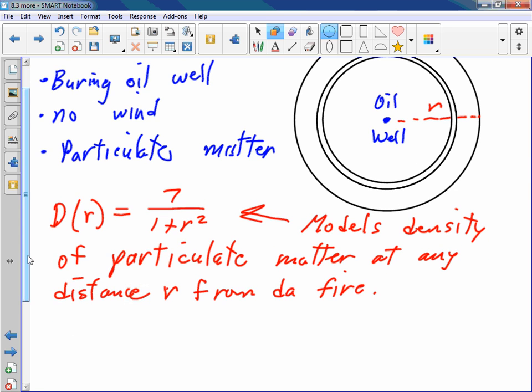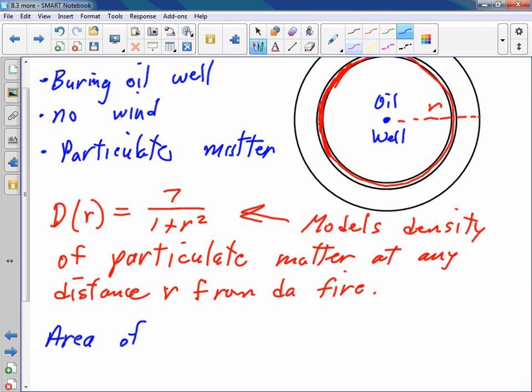So then, let's write an expression for the area of that ring. Area, I don't know. I need a fiery color. How hot it is, close to the fire, I don't know. Violets. Okay. The area of the red ring or washer.